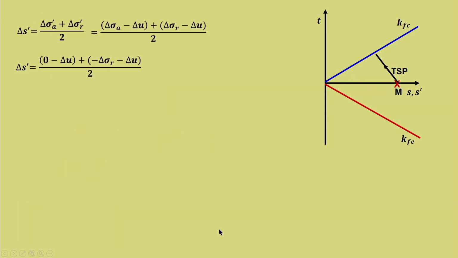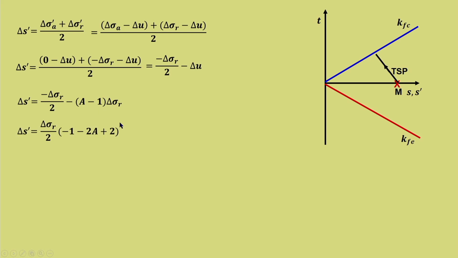So, if we substitute for delta u, then we will get delta s' is equal to minus delta sigma R by 2 minus delta u. So, delta s' is equal to minus of delta sigma R by 2 minus A minus 1 delta sigma R. So, this is the expression for delta u.